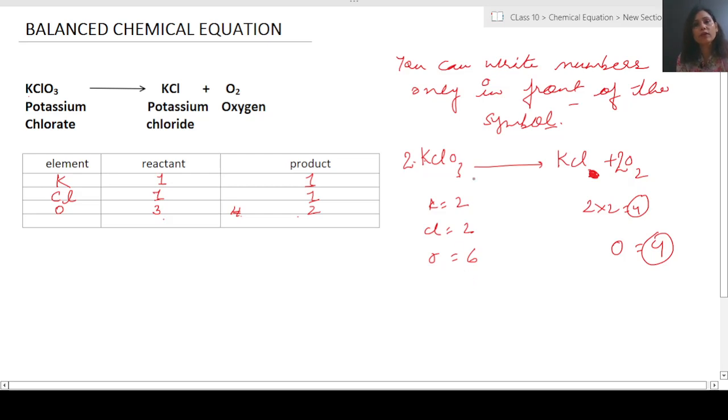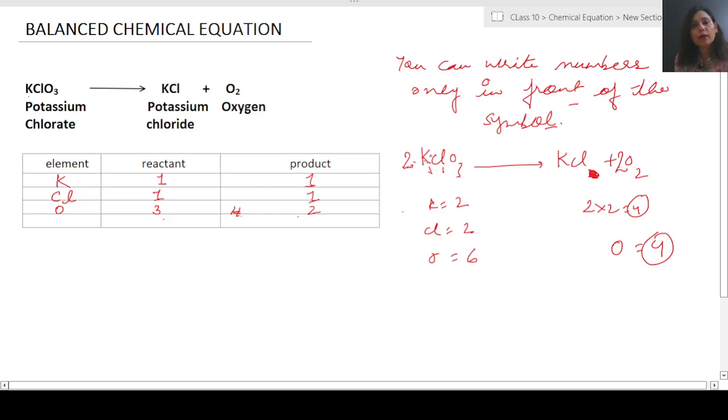I have told you now, whatever number is written in the front, it will multiply with the number at the foot. So at the foot of oxygen 3 is mentioned, so this 2 will multiply with the 3 for oxygen only, because at the foot of K and Cl only 1 is there. So 2 into 1 will be 2 only, and 2 into 1 for the Cl will be 2 only.